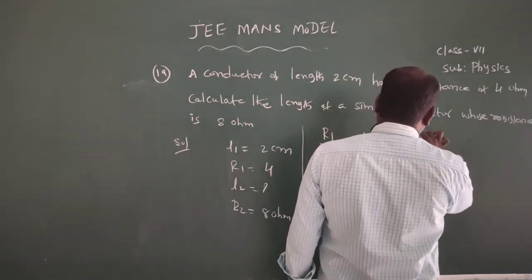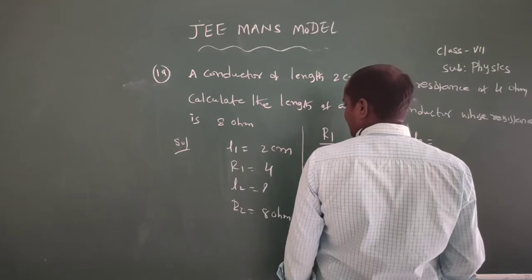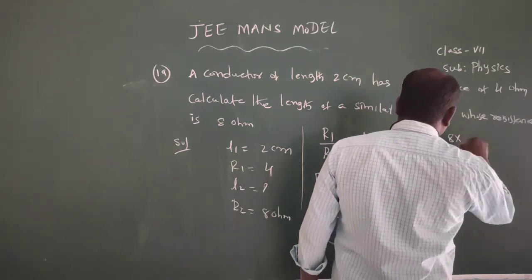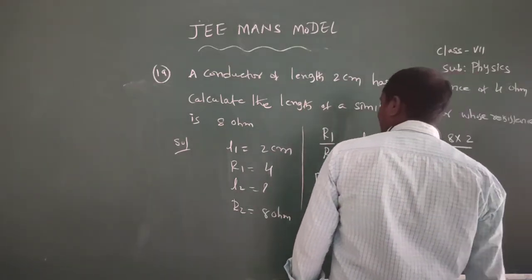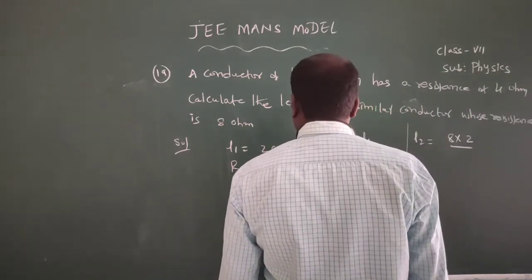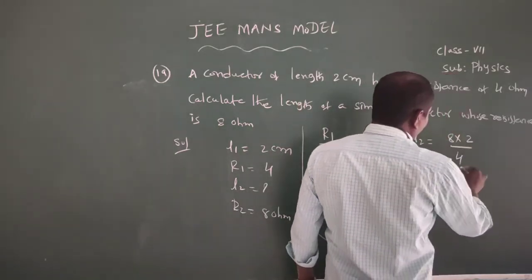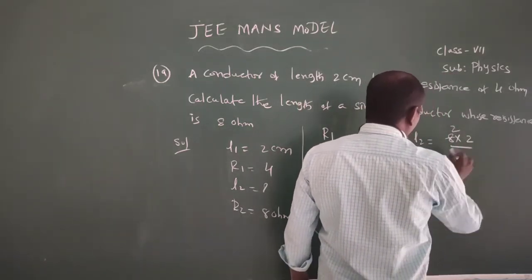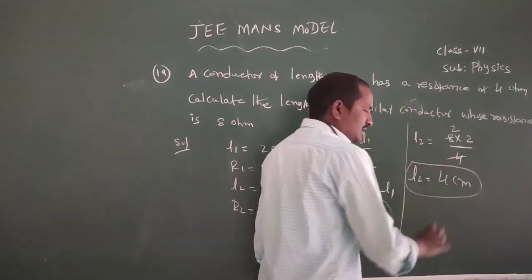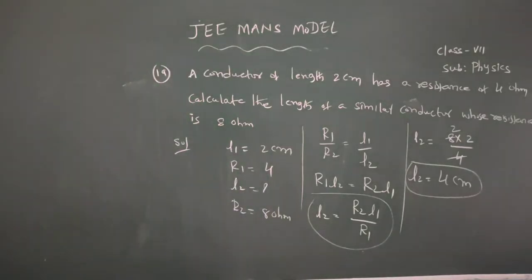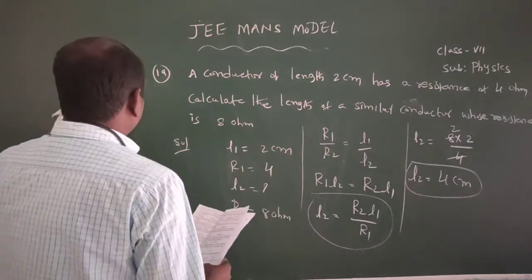So L2 equals 8 into 2 by 4, that is L2 equals 4 centimeters.